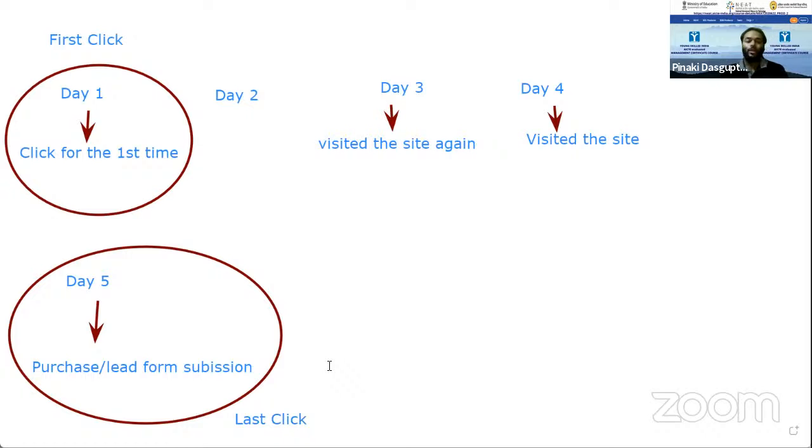People can also say, no, we can't give the credit entirely to the first click because on the last click they found something very interesting. That is why they purchased. Finally, they made the purchase. So we are giving the credit to the last click. Again, there are certain people who don't want to give the credit entirely to any of them. Rather, they want to give credit to all the clicks.